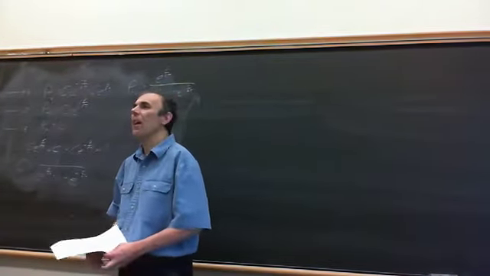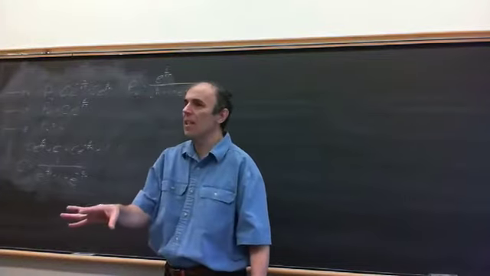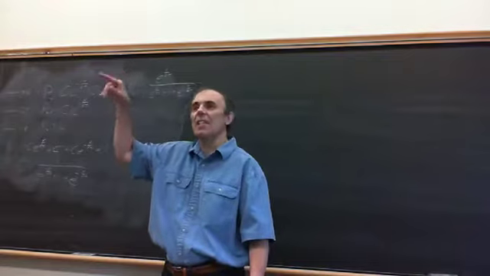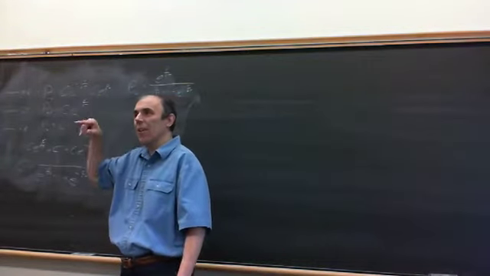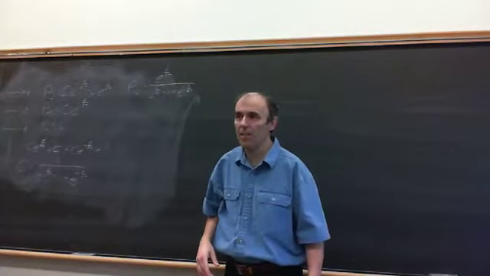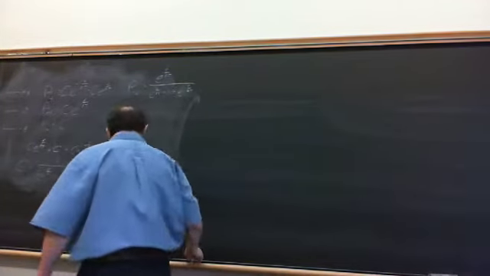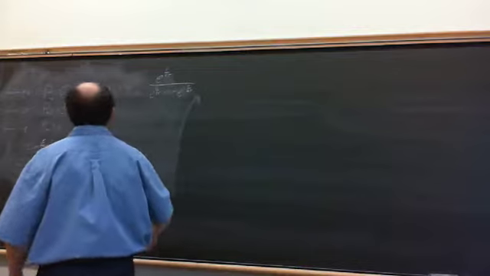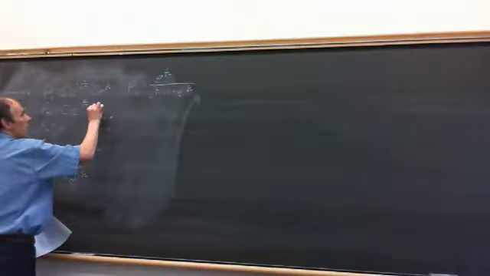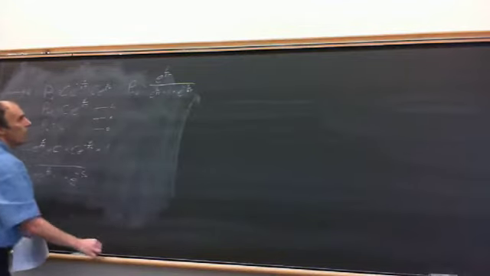But what you find in this case is that you can multiply top and bottom by e to the minus epsilon over kT, and you'd end up getting exactly the same result for the probabilities. So this might be worth doing at home. Try the problem with 0, epsilon, 2 epsilon, and find the probabilities.